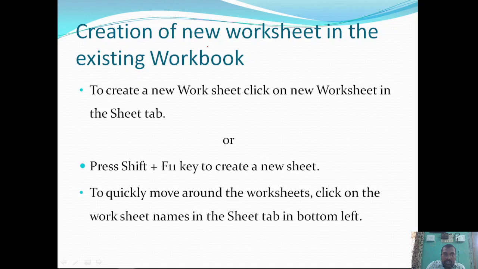Now, creation of a new worksheet in the existing workbook. In the beginning we created a blank worksheet. Now we are creating a new worksheet in the already existing workbook. To create a new worksheet, click on the new worksheet in the sheet tab.